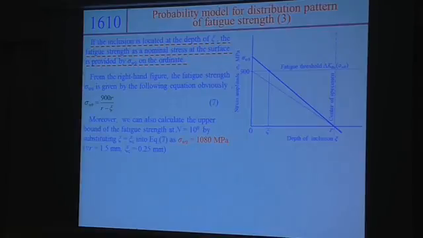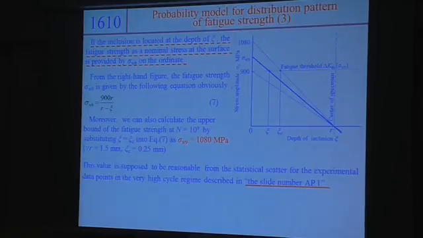Moreover, we can also calculate the upper bound of the fatigue strength at N equals 10 to the 9th cycles by substituting xi equals xi c into equation 7, as sigma W9 equals 1080 megapascal.